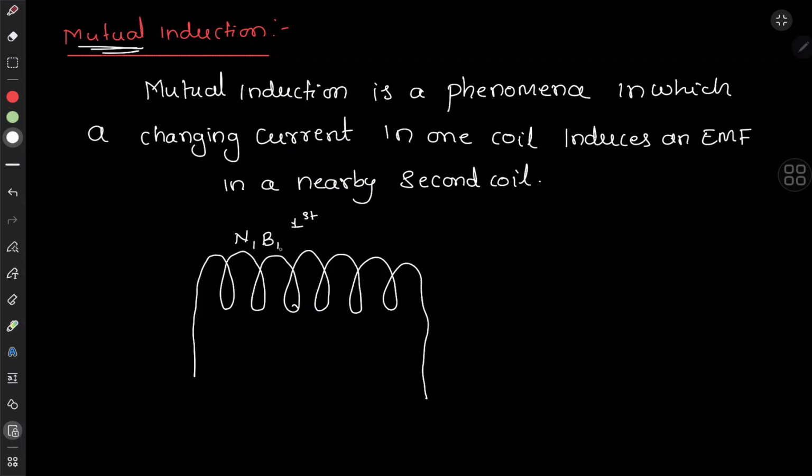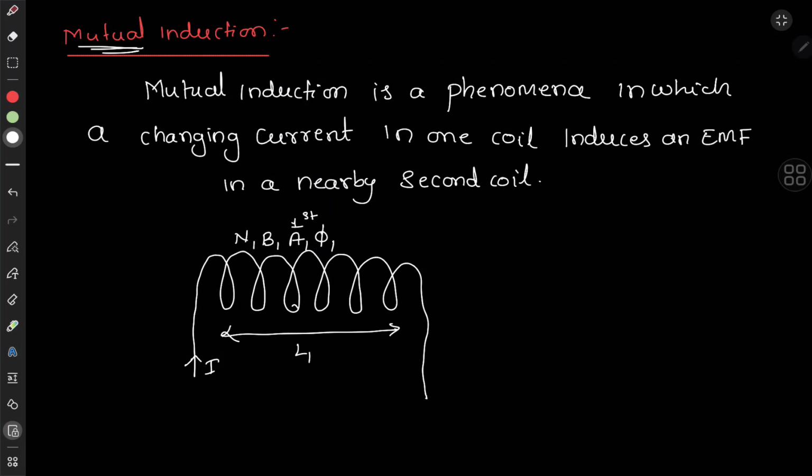The magnetic field produced by the first coil is B1, the area of cross section is A1, and the magnetic flux produced by the first coil is phi1. We also consider the length. The length of this coil is L1. This is the current flowing, I.